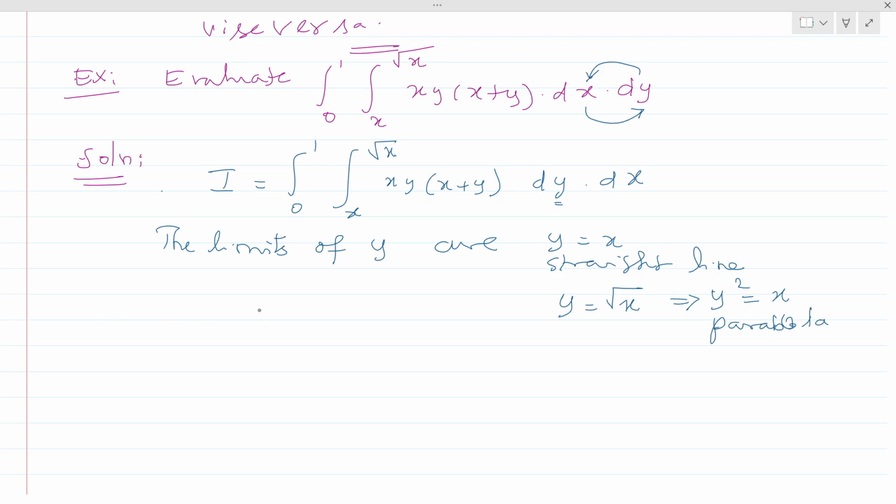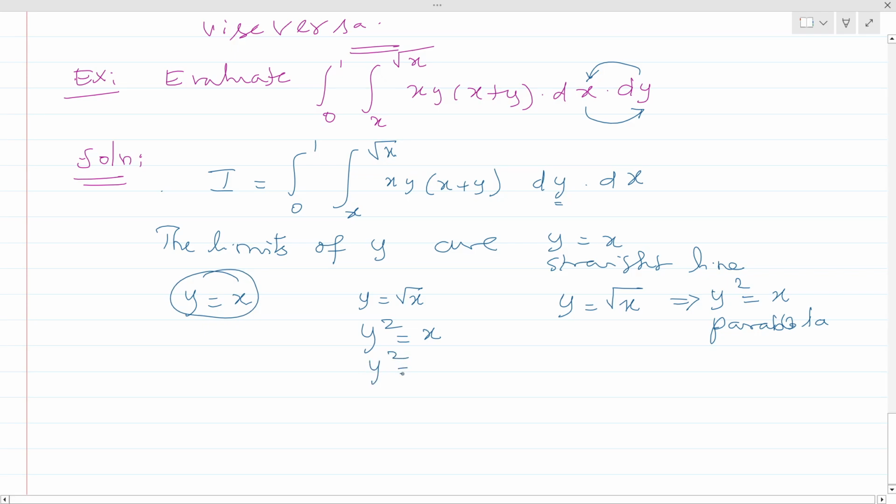What is the intersection point? How to identify it? Y equal to x is given, and the second one is y equal to root x, so y square equal to x. Already given that x equal to y, so y square equal to y.